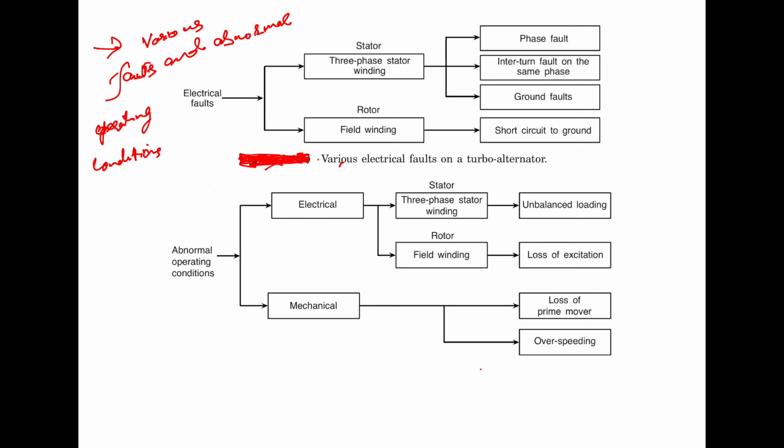First we have the electrical faults. In the stator we will have faults on the three-phase stator winding, and on the rotor, that is the field winding. On the stator we will have three types of faults: the phase fault, the interturn fault on the same phase, and the ground fault.